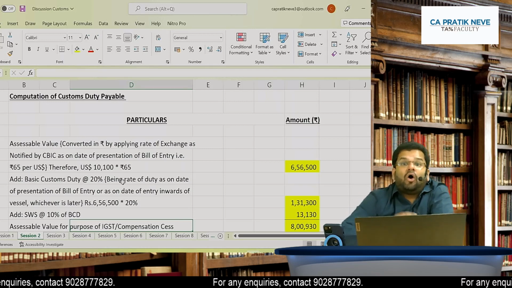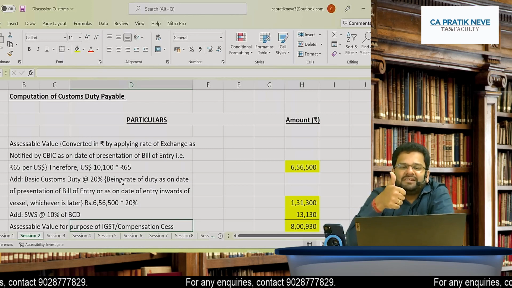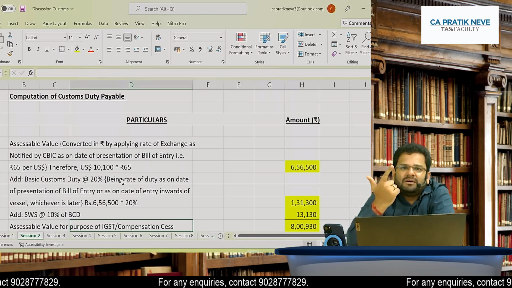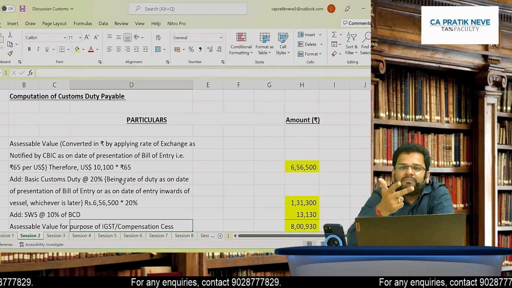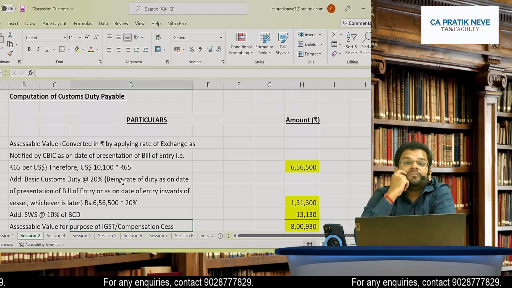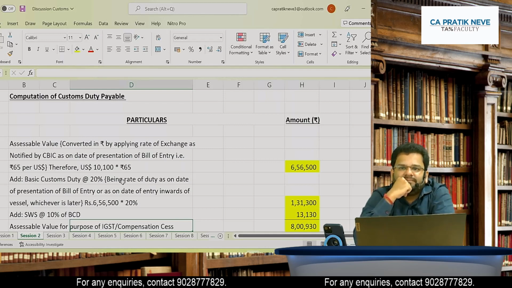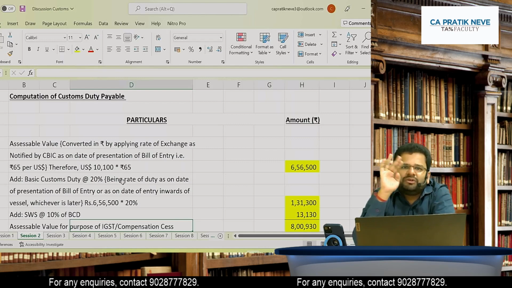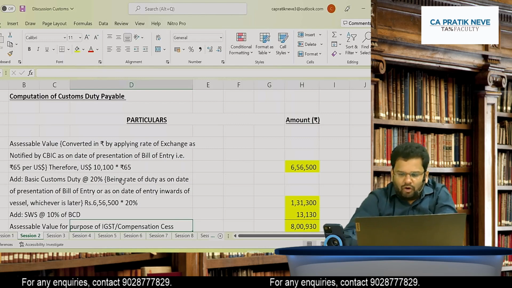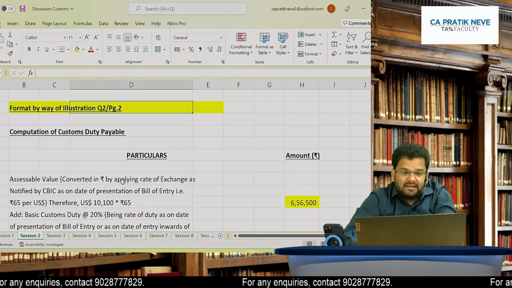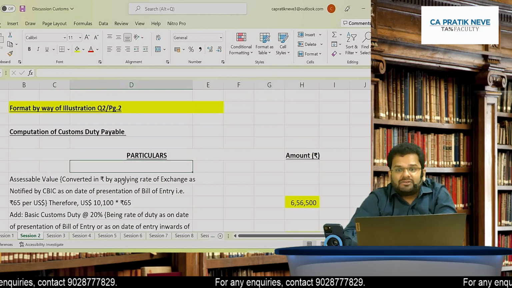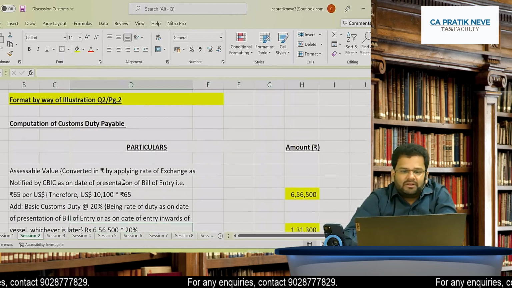Or customs duties payable is basic customs duty plus SWS plus, very good, IGST. Agreed? So this is a very basic format of calculation, and yes, in the exam they can ask you questions on such things.